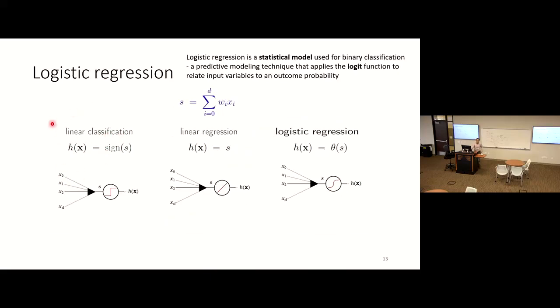Logistic regression is also used as an activation function in different scenarios, and may give you better results. You can have a linear classifier, and the activation function can be linear or nonlinear.